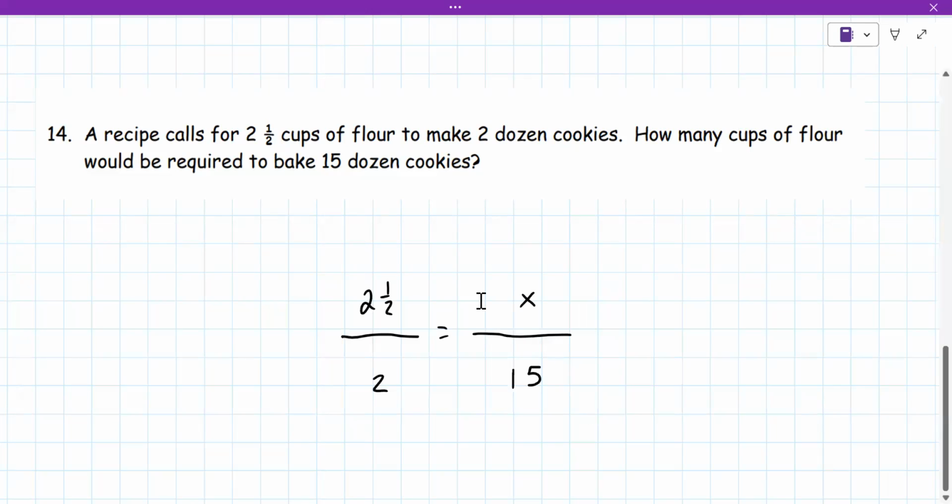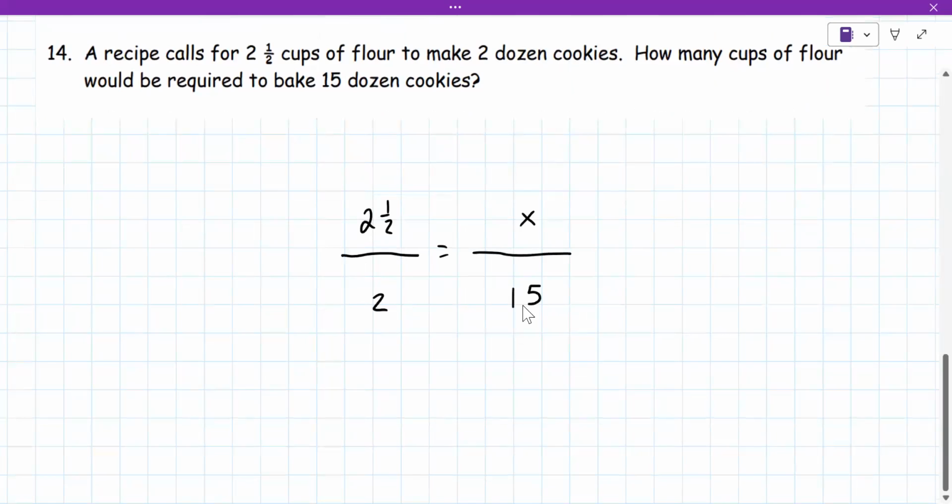When you multiply 2 and 1/2 by 15, what did your result come to? Hang on. I know we haven't done this in a while, but you can think of it as 37.5.